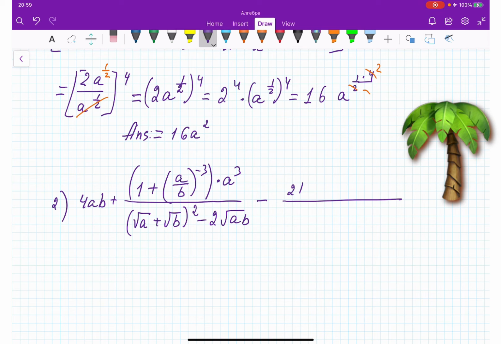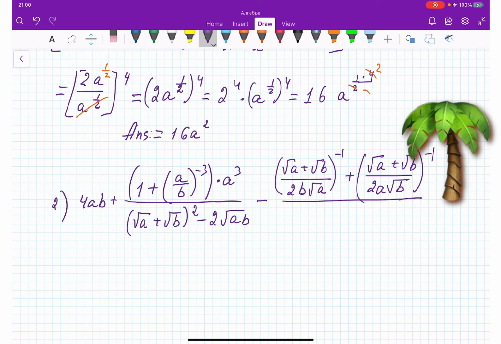So here we get 2b square root a, in the numerator square root a plus square root b, and to power -1. This is mostly for students who love math. 2a square root b, square root a plus square root b, and to power -1.